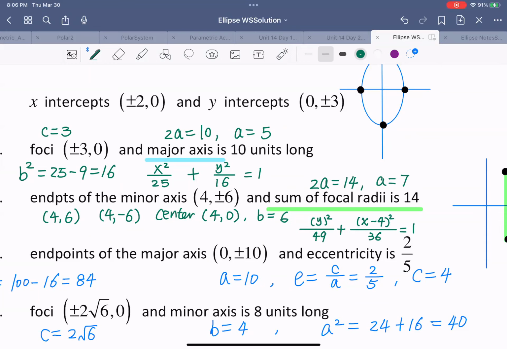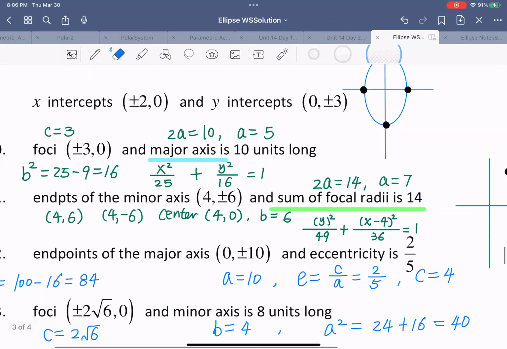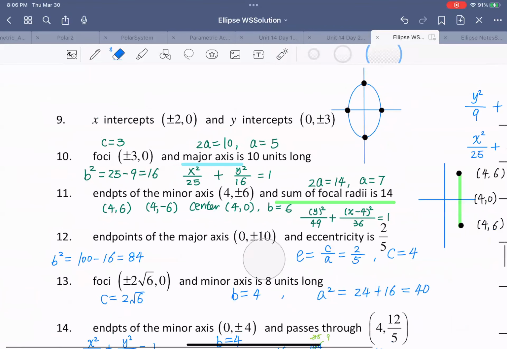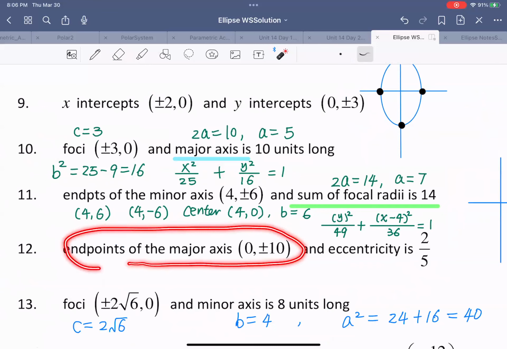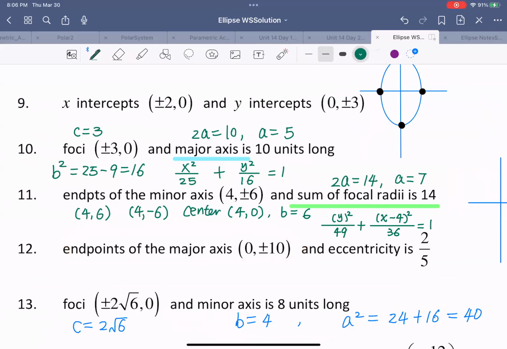Abby. Let's try this. So eccentricity is C over A, right?